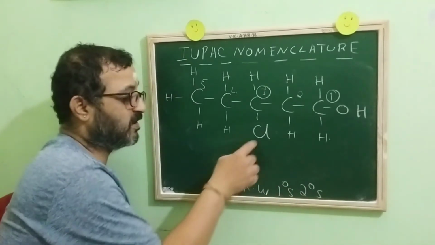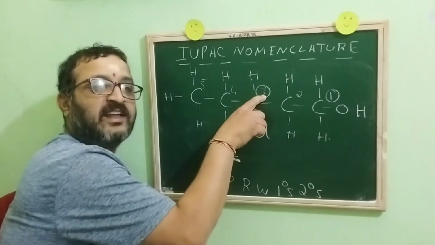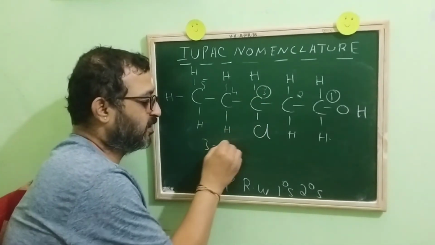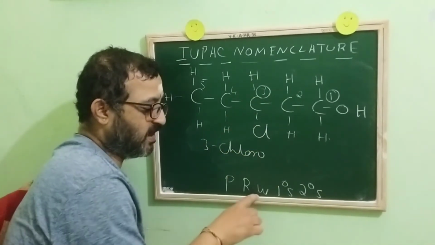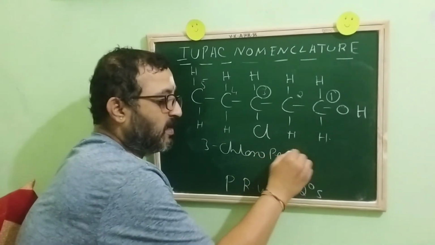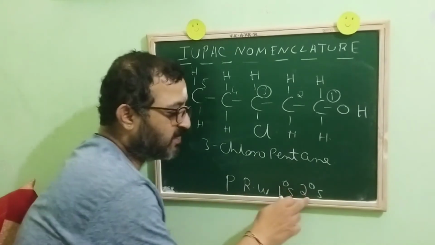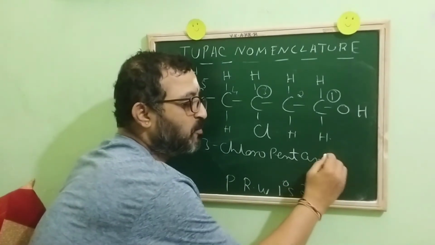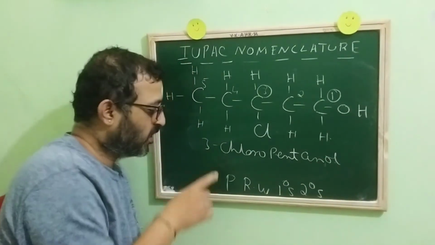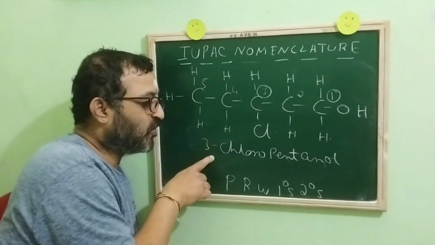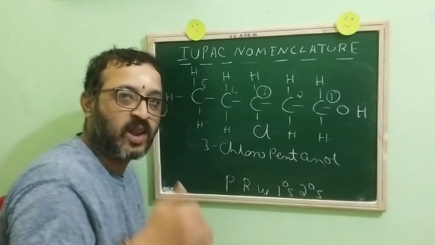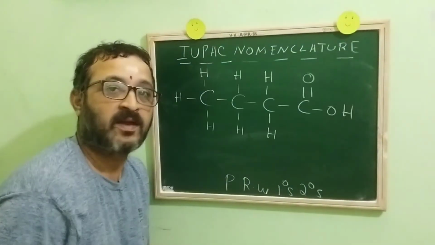This is the order. So the prefix is attached to the third carbon, that is 3-chloro, then the root word pent, then the primary suffix ane, then the secondary suffix: I will remove E and I will add ol. So the name of the compound is 3-chloropentanol. Right, children?